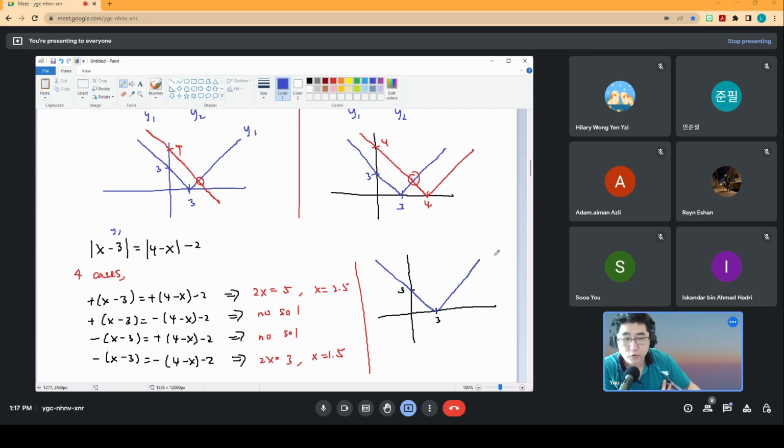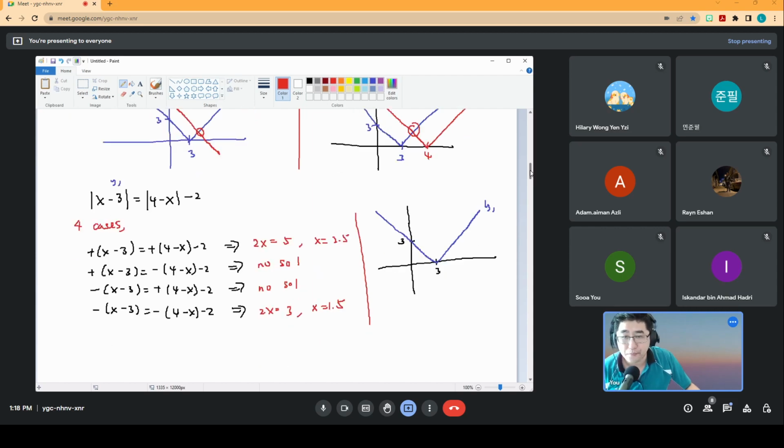Then I have a 4 minus x minus 2. Okay, did I do a wrong calculation somewhere?